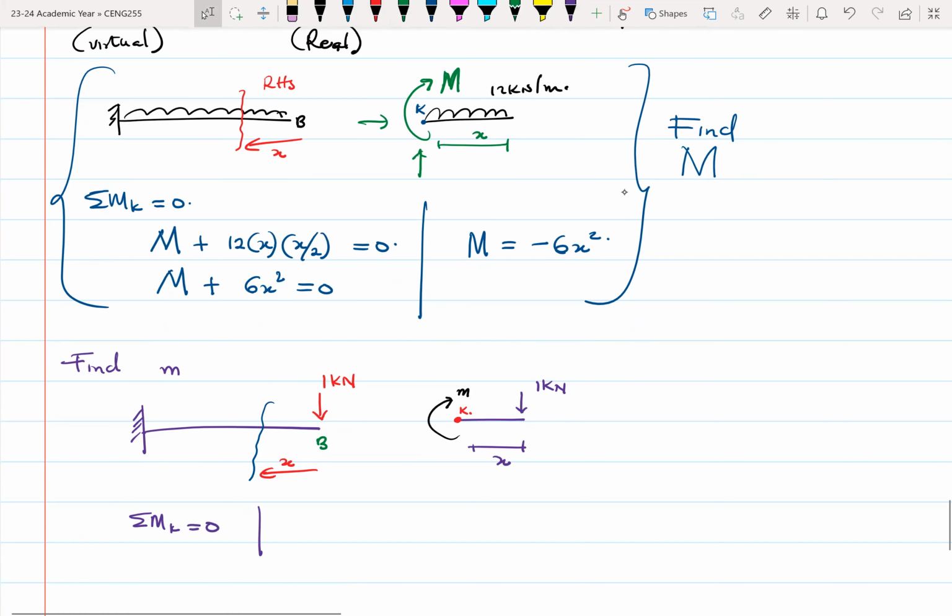This would imply that small m plus 1 times x equals 0. So small m is equal to minus x. So I have these two equations here: big M for the real load and small m for the virtual load.